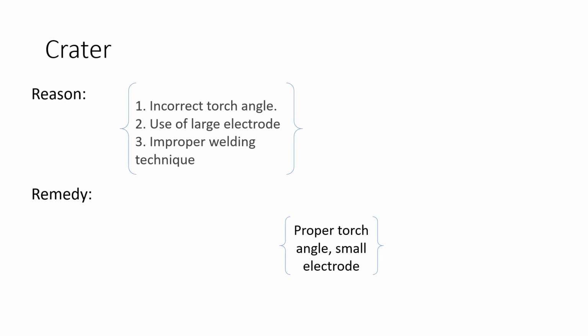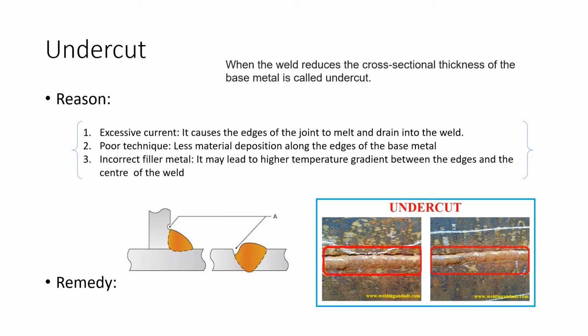If the torch angles are not proper for the various types of welding procedures, then use of large electrodes, improper welding technique, etc. The remedy should be the opposite one: proper torch angle, use of small electrodes, proper welding techniques, etc.